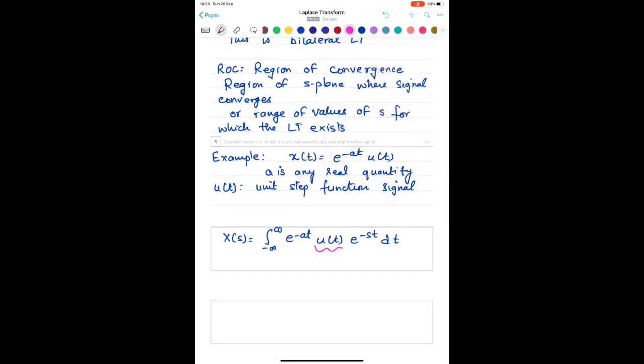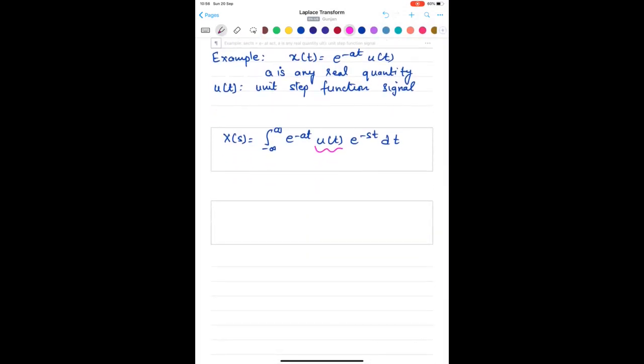So u of t is basically 1 for t greater than equals to 0 and 0 elsewhere. So using this we can change these limits, because this signal exists having an amplitude equals to 1 from 0 till infinite.